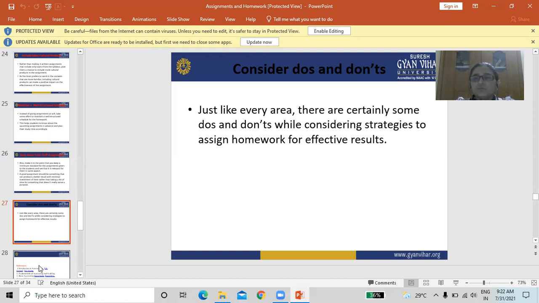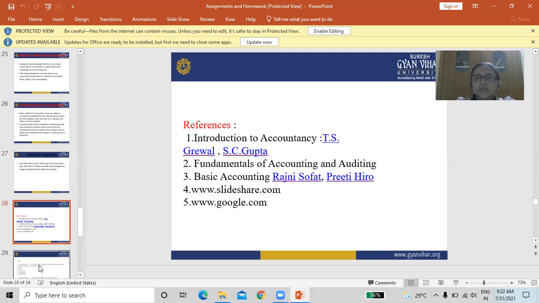So I think you understand how to give assignments, what to consider when giving the assignment and checking the assignment. These are the references you should go through for further study of assignments and homework.